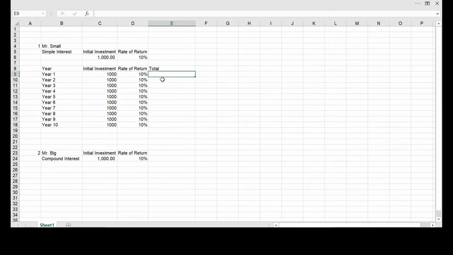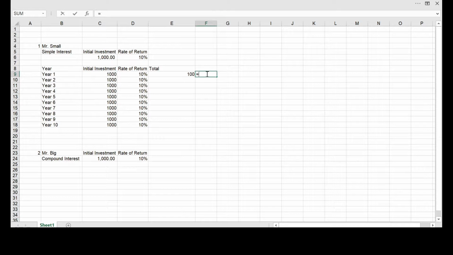So what we will do is that we will multiply the investment on the rate of return. So this means $100. This means $100 is what Mr. Small earned on his initial investment of $1,000.